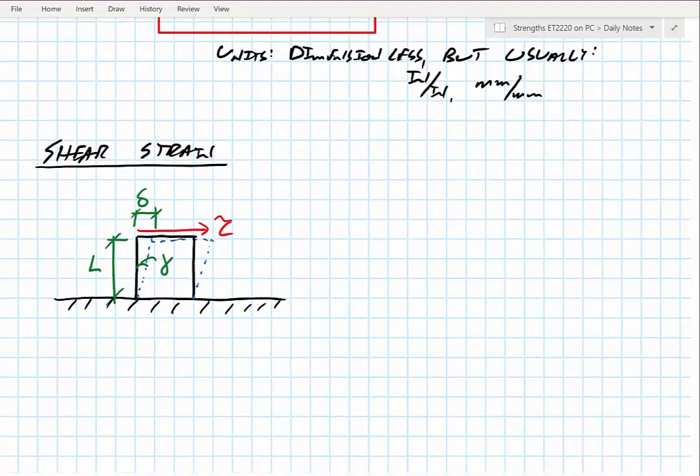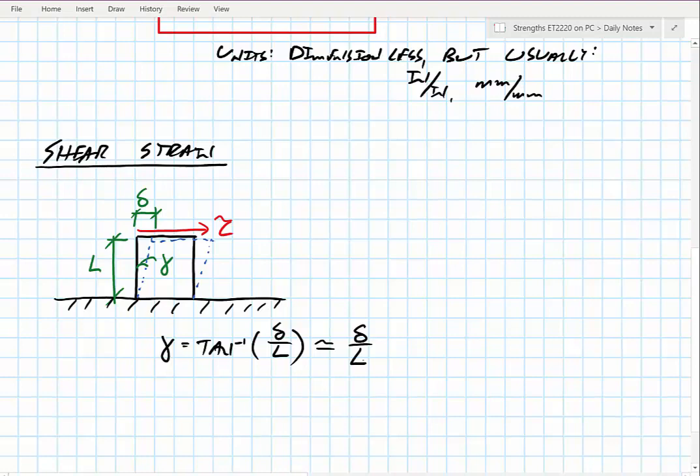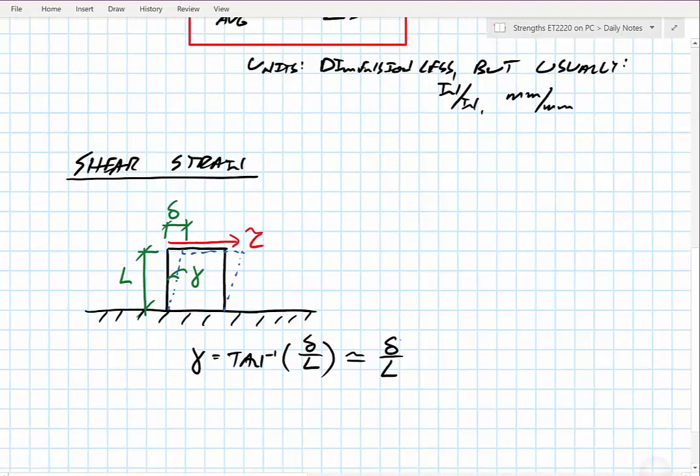Now, just looking from trig, I know that if I wanted to look at this gamma, that would be equal to the inverse tan of the opposite over the adjacent. But what we generally do is we use small angle approximation, because these are going to be very small. And so what that means is it's just actually equal to the delta over L. So you're just dividing how much it changes in one dimension over that length.